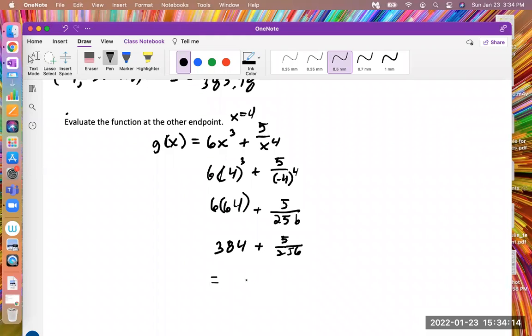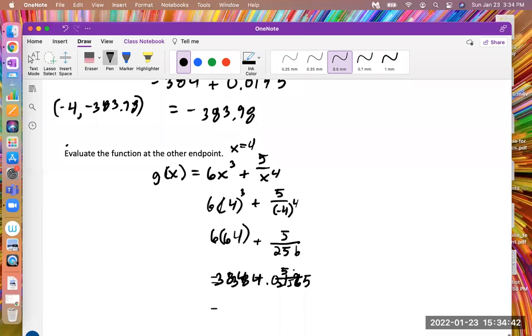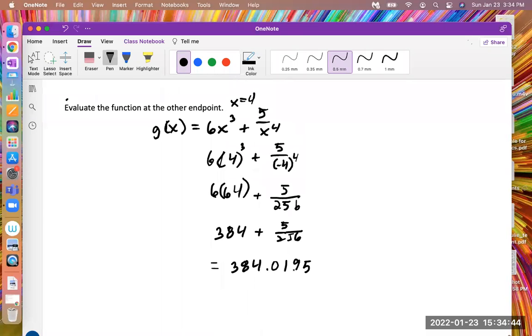So that's 384 point 0.195. If you're asked to be accurate to 2 decimal places, it's pretty good if you are accurate to at least 4 decimal places in the final answer. Ideally you would keep all your decimal places and not drop anything, but sometimes it's just too hard to do that.